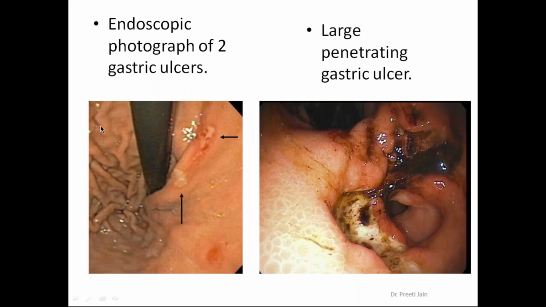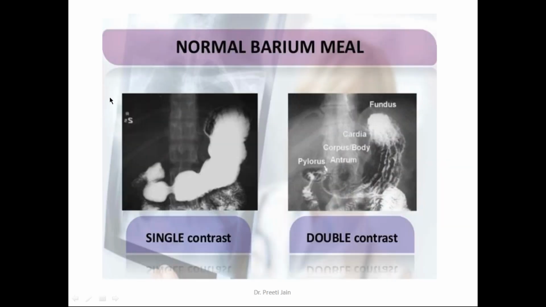Here you can see these are the folds, the rugae, which are present in the stomach, right? If you remember from the duodenal picture, the duodenum doesn't have these rugae. And here the arrows are showing you the presence of gastric ulcers, right? This is a large penetrating gastric ulcer, so it is a bleeding gastric ulcer.